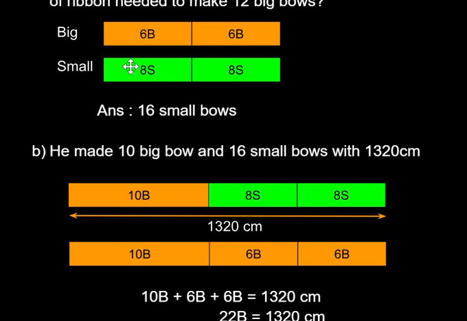From part A, we already know that 16 small bowls is equal to 12 big bowls. So we replace the 16 small with 12 big.